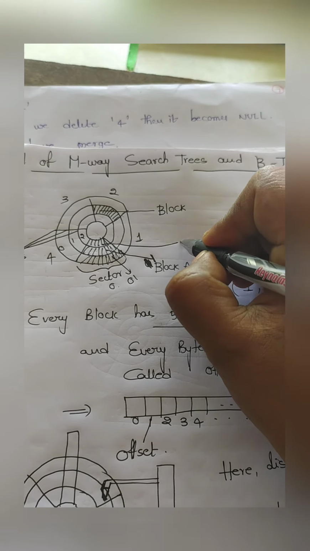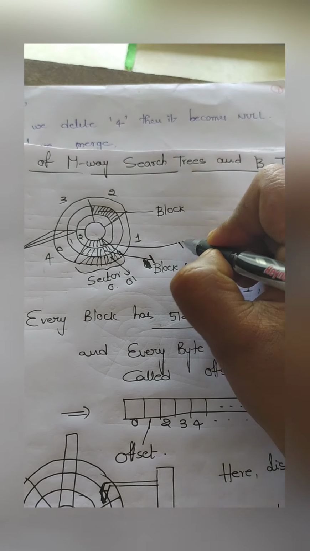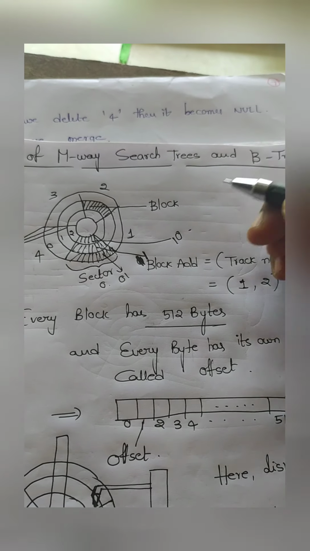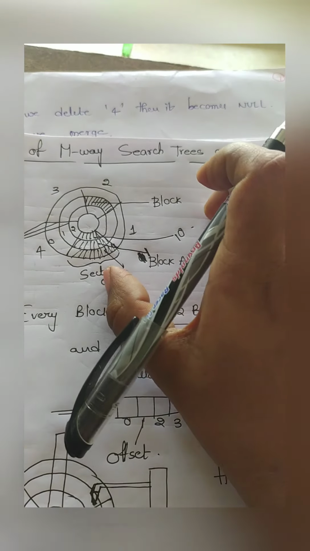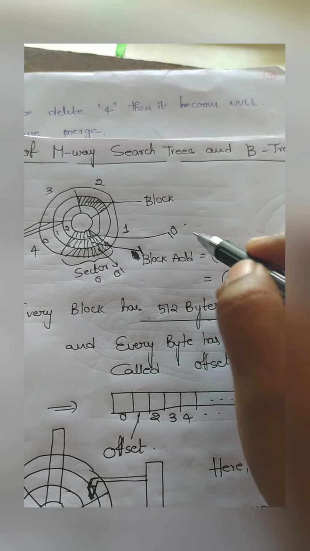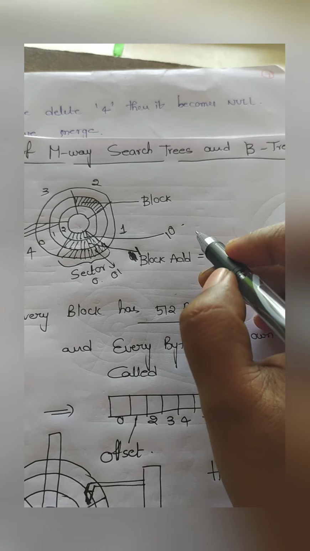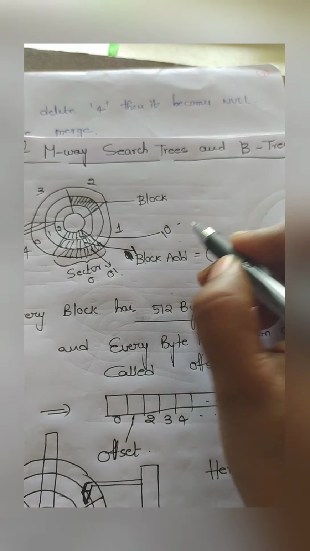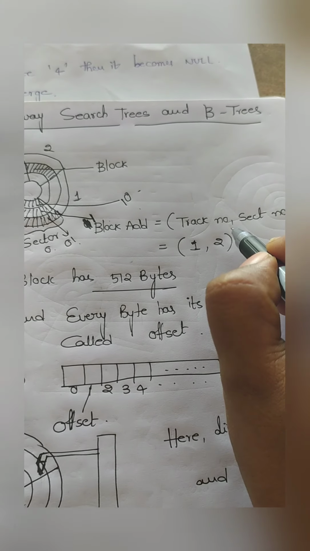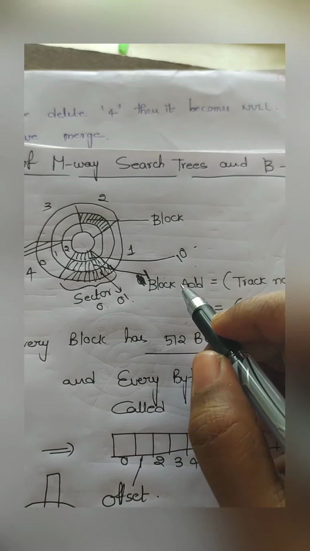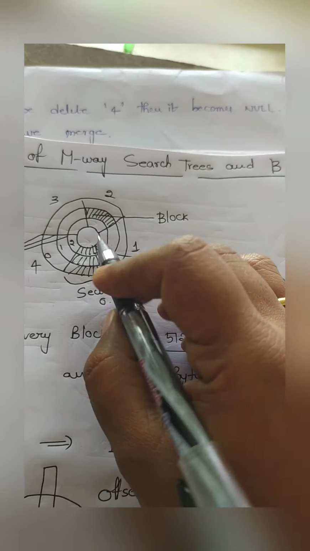This may be 1, 0, whatever we want. These are rough addresses. A block address can be defined with the help of sector number as well as track number. So what is the block size?